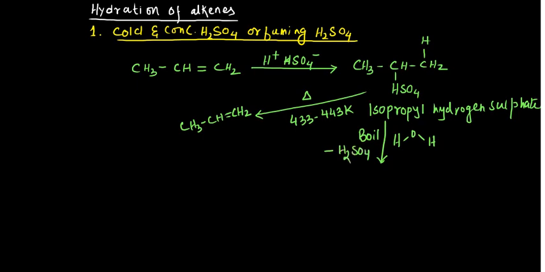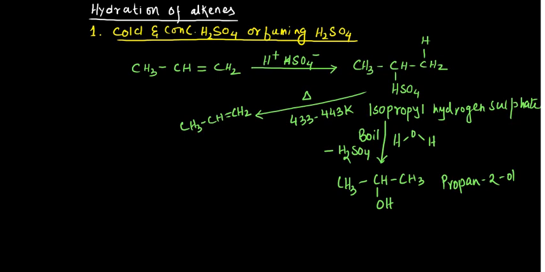The compound is CH3, CH, CH3, and here one bond is empty. This bond is occupied by OH. So this is isopropyl alcohol or propan-2-ol.